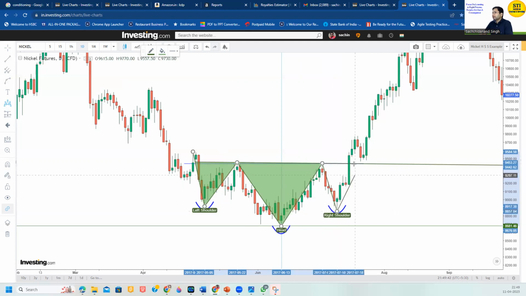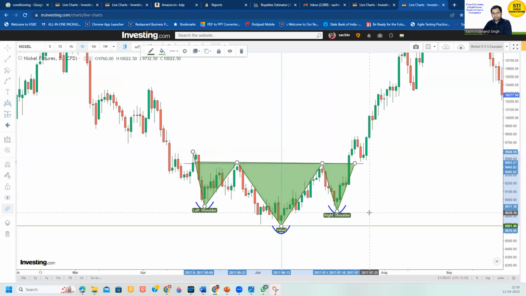The last click will be where this particular neckline price line is situated. Once we do this last click, this is how the head and shoulder looks on the chart.